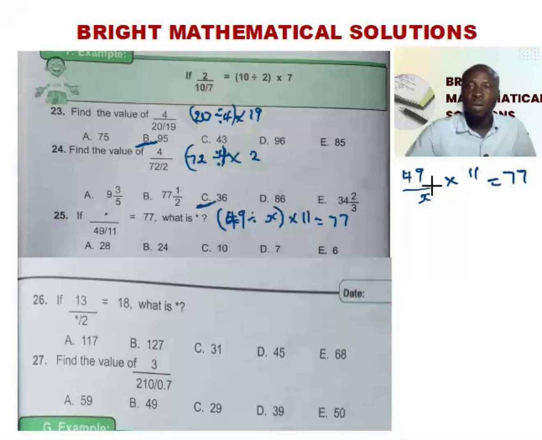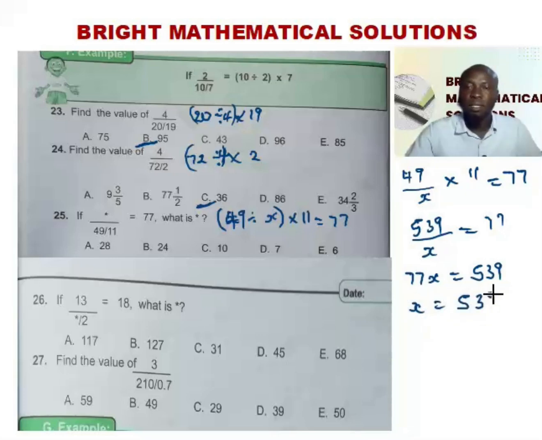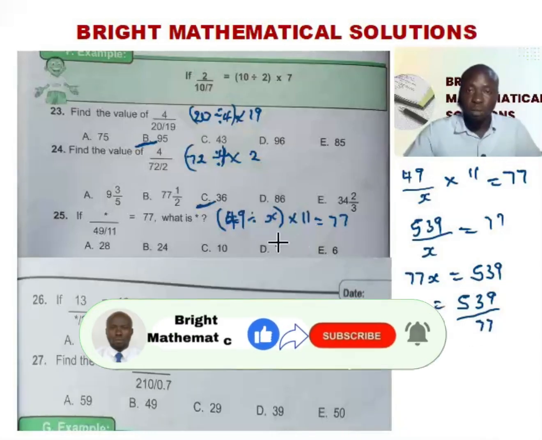If we multiply 49 by 11, that gives me 539 divided by x equals 77. If we cross multiply, this is 77x equals 539. So x equals 539 divided by 77. And when I did the division, my final answer is P, which is 7.